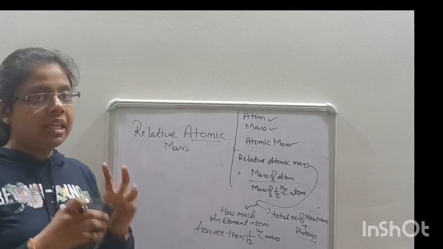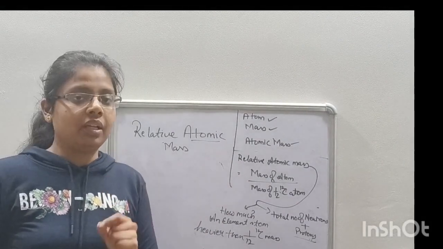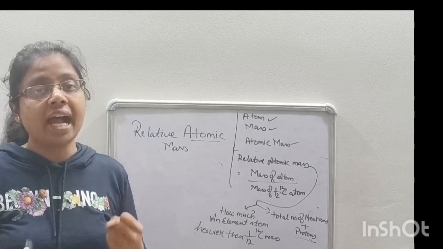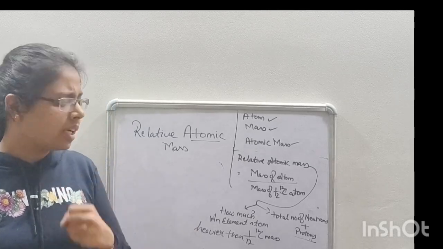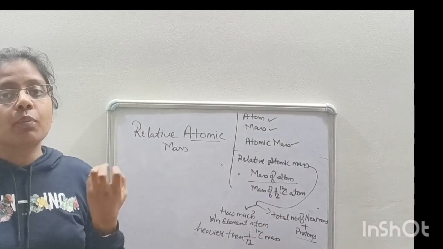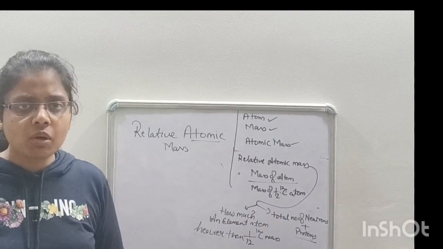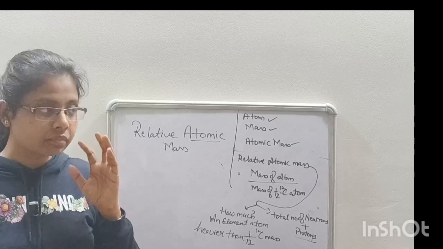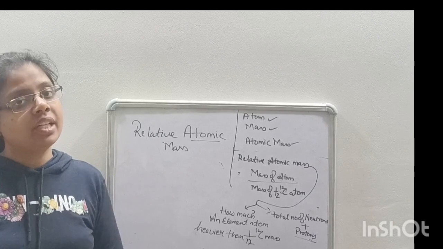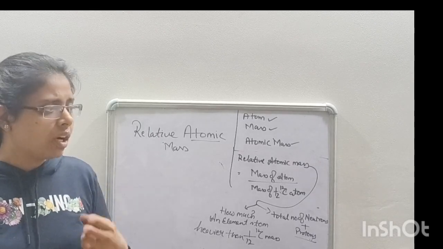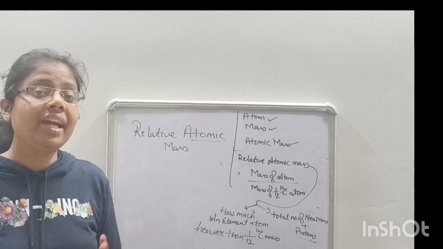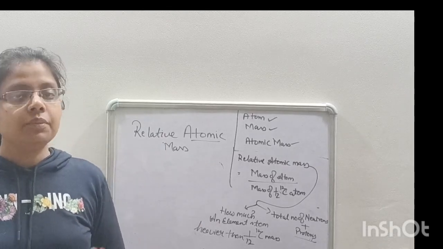Now, another thing that we have observed in the periodic table is that the atomic masses represented in the periodic table are actually in the form of decimal numbers. But how is it possible? If I say that it represents the total number of protons plus neutrons, then it should be a whole number. And if we see the periodic table, the masses are represented as decimals. Is it possible to have a fractional number of neutrons plus protons? No, it is not. So why is it coming in the form of decimals?